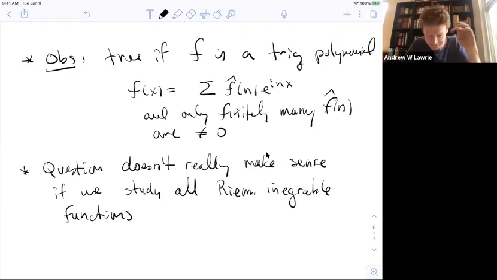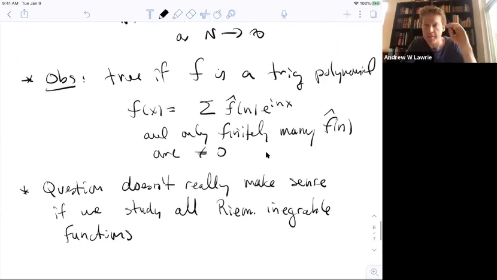But can anyone think of why this might be too broad of a class of functions to consider? Why can we not expect pointwise convergence of the Fourier sums back to the function if we consider all Riemann integrable functions?